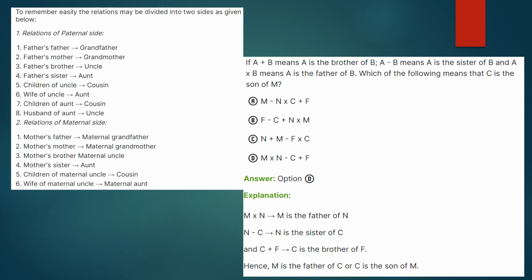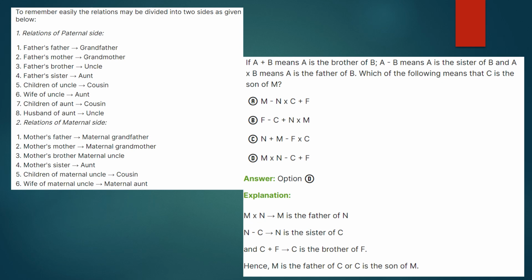Now, A plus B means A is the brother of B. A minus B means A is the sister of B. And A into B means A is the father of B. So now, which of the following means that C is the son of M? You have to try all the options, and only then can you make out what the correct answer is. See, A plus B means A is the brother of B.